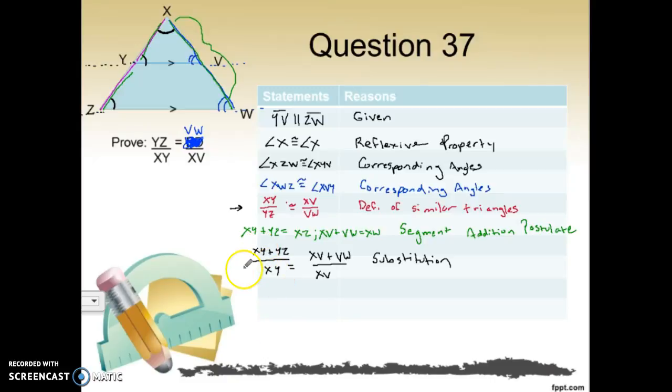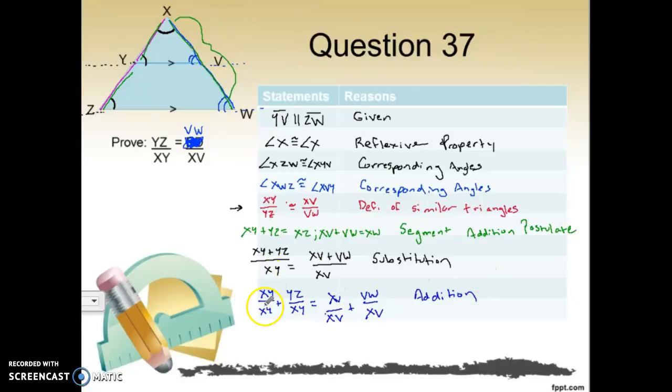So I'm going to do XY over XY plus YZ over XY, and that equals XV over XV plus VW over XV. The addition property tells me that I can separate those out like that. So I'm just going to call that addition.